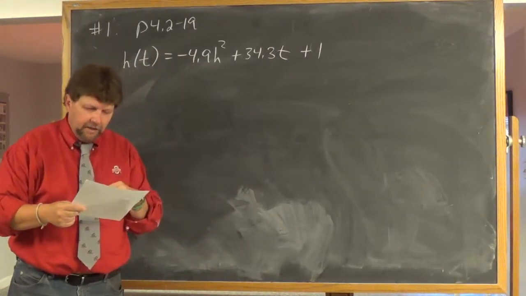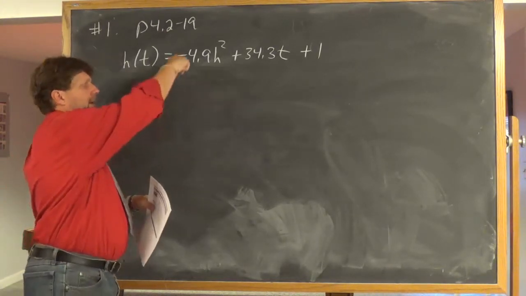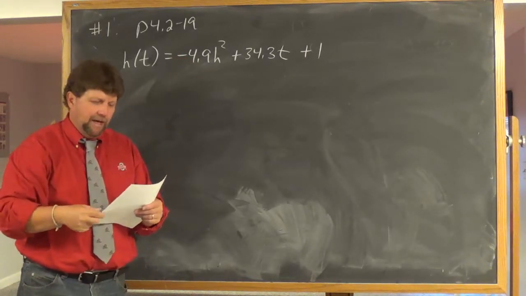And then you're asked, how long does it take for the baseball to reach its maximum height? Baseball's going up, so how long to get to the maximum height? And then what is the maximum height?